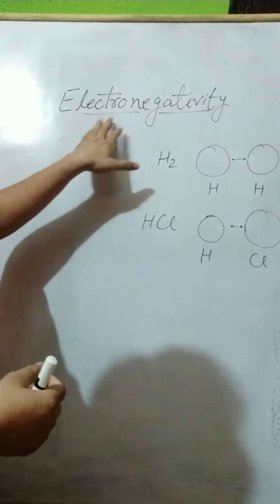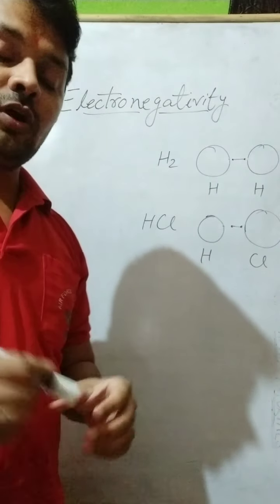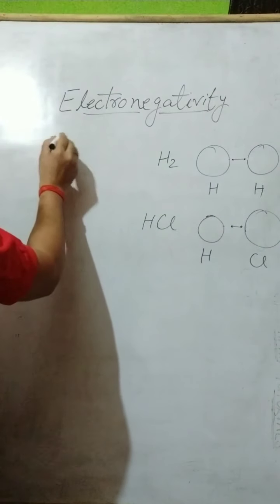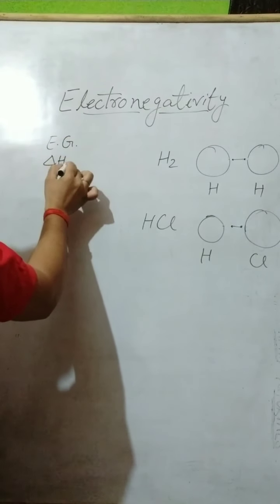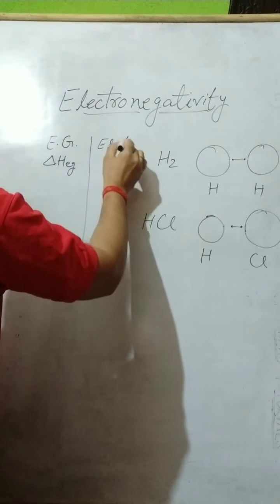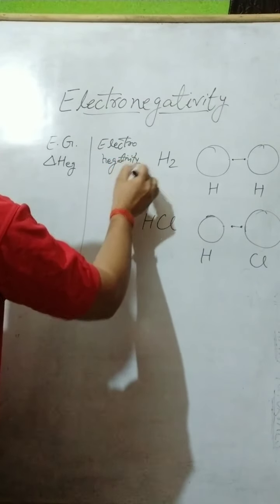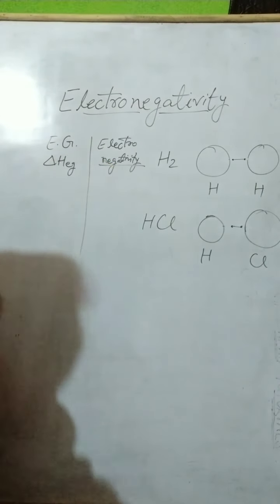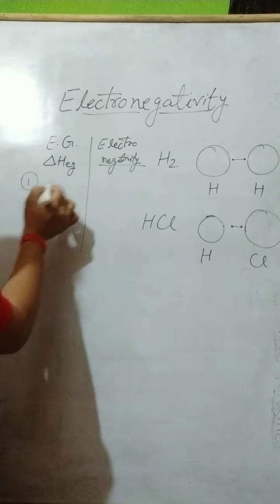So what is the difference between electronegativity and electron gain enthalpy? The main difference: if we say electron gain enthalpy, that is delta HEG, and then electronegativity. In electron gain enthalpy, we consider only one atom.